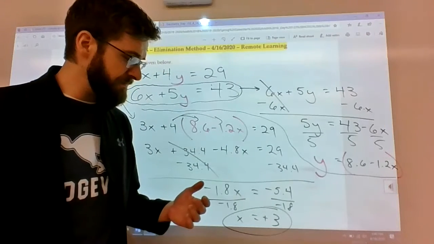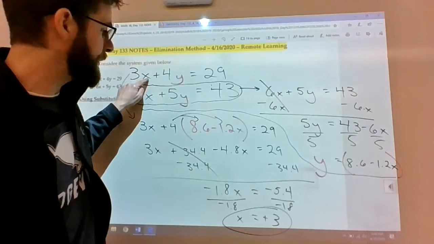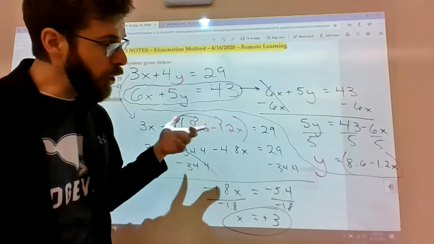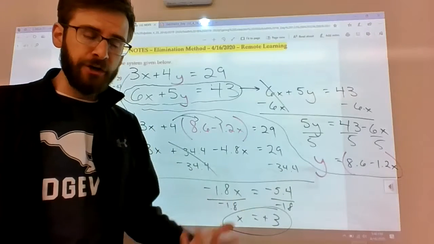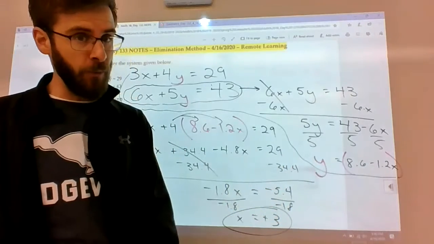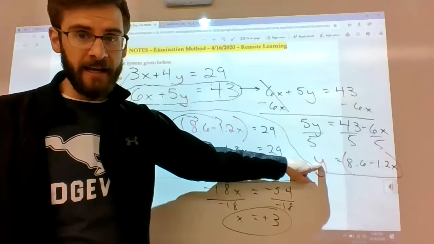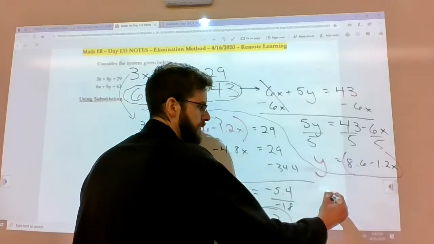Now, you got a couple options here. You can plug this 3 equals x into the top equation, the bottom equation, or the new equation where y is already by itself. I've been encouraging you guys to plug it into this equation because, again, we're solving for y. Y is already by itself, so just do the straight plug-in right here for this x.